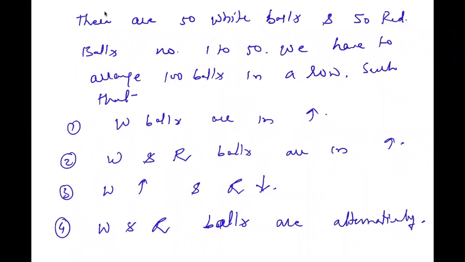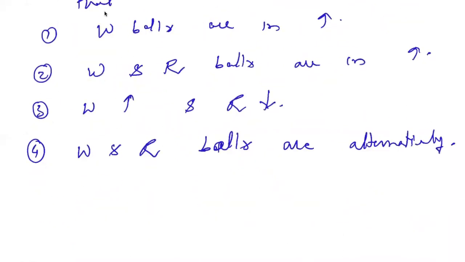Start with the first one. White balls are in increasing order, right? There are 100 positions, 1, 2, 3, up to 100. In these 100 positions, we have to select 50.